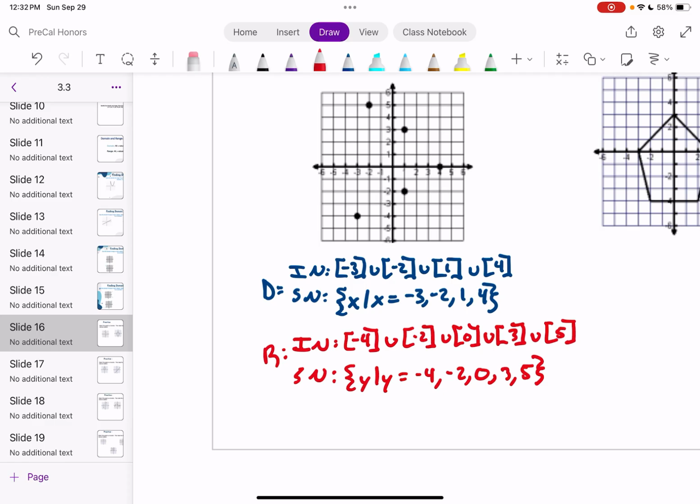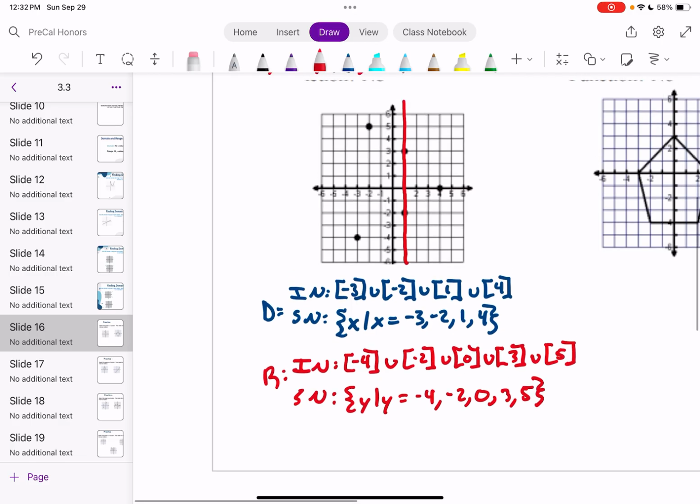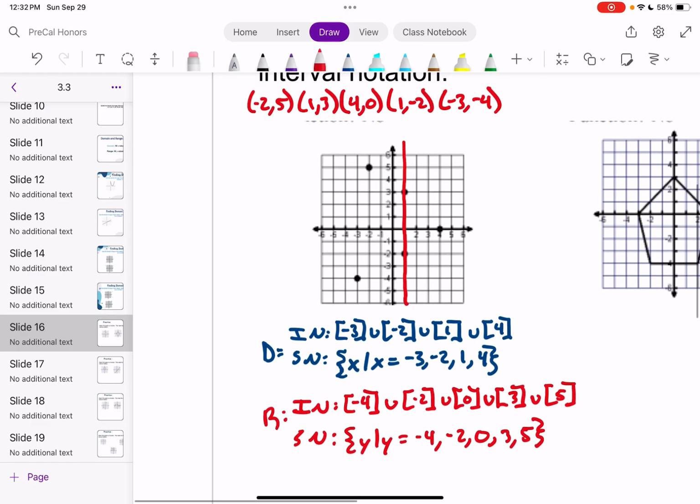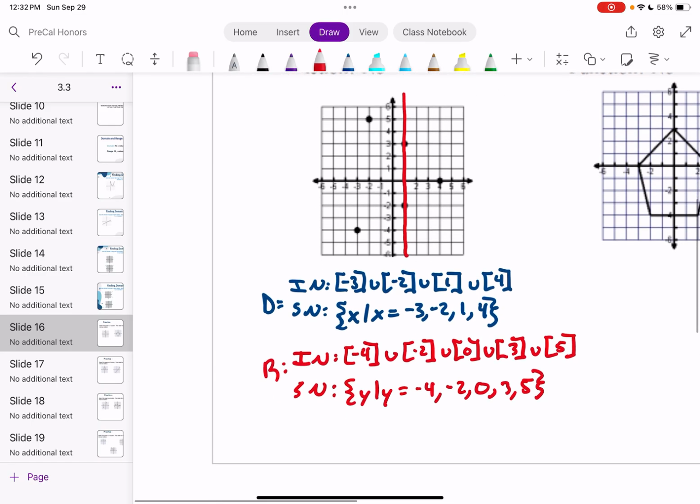When asked if this would be a function or not, in this case, it would not be a function. And the main reason for that is because as we draw that line through two of our points, they do come up with the same value. So 1 x is providing 2 y's, which means this would be a function.